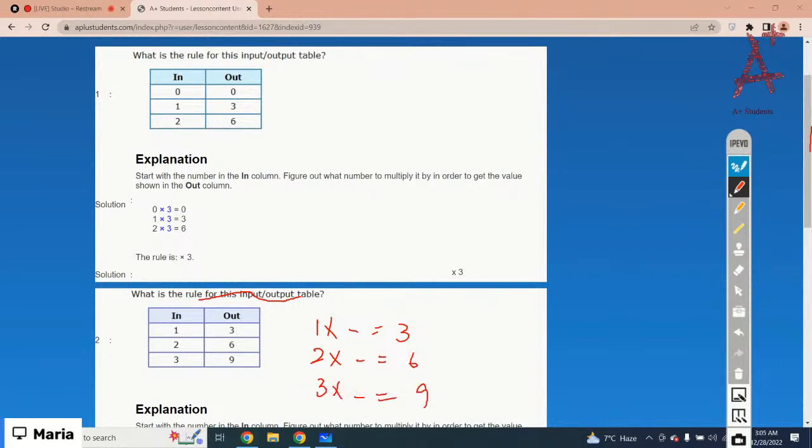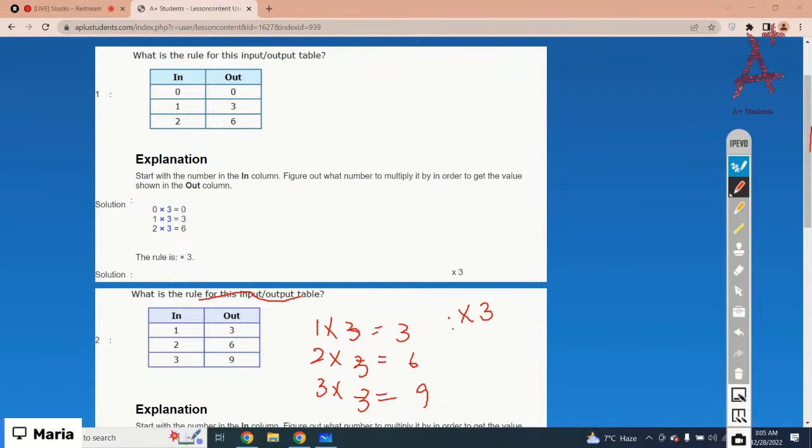You have to find the number that when multiplied by the input value gives the output value. Which number is it? Yes, 3 times 1 is 3, 3 times 2 is 6, and 3 times 3 is 9. That means the number is 3. Got it? The rule is multiply by 3. That means each input value is multiplying by 3 to get the output value.